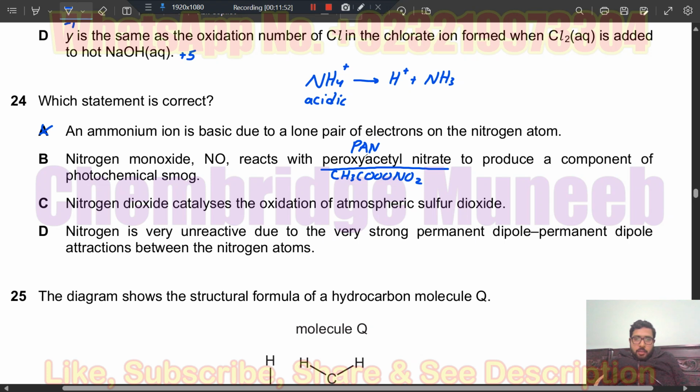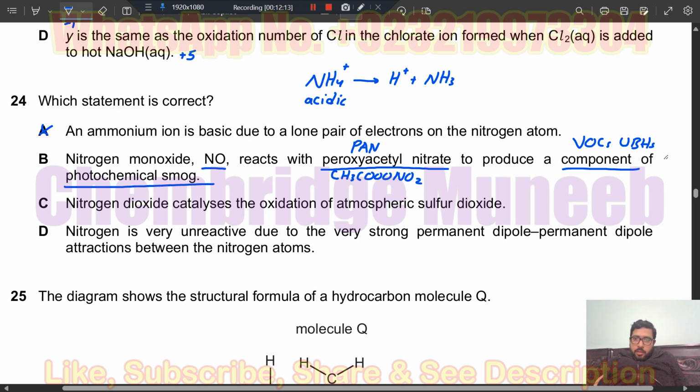Basically, PAN is produced by the reaction of nitrogen oxide with a component of photochemical smog. Which component is that? That is unburned hydrocarbons, or VOCs. We call them VOCs or unburned hydrocarbons.